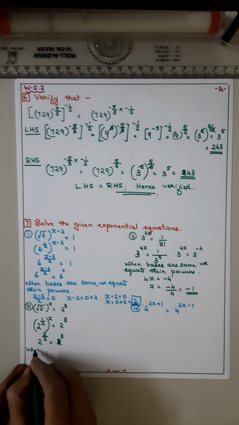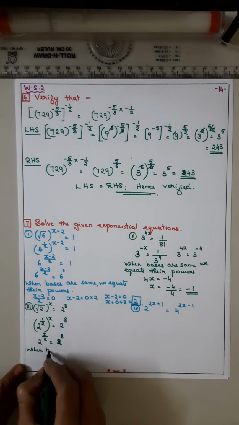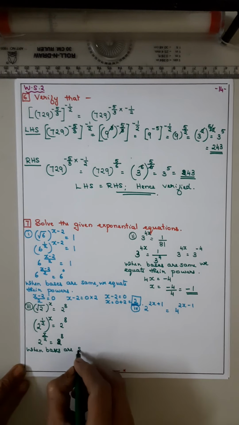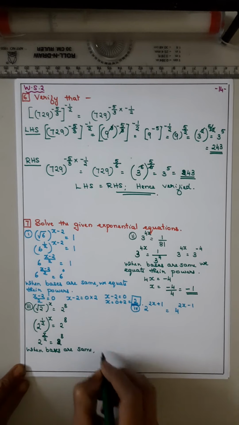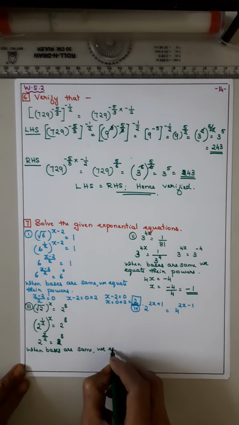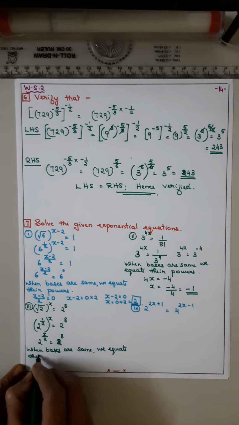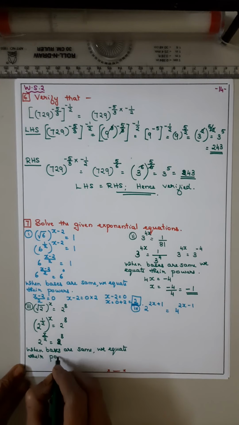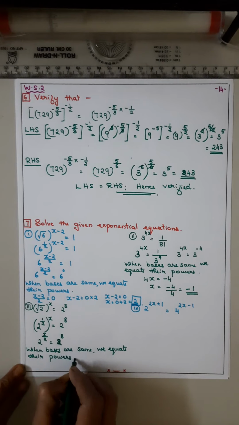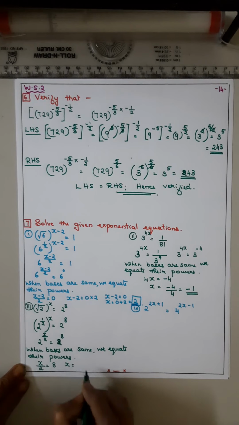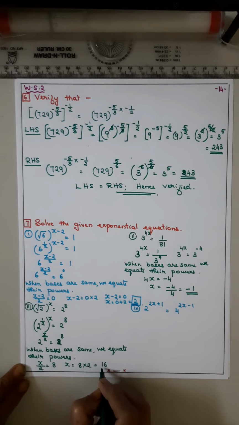Now again you will be writing when bases are same, we equate their powers. That means x by 2 is equal to 8. So x is equal to 8 into 2, that is 16.